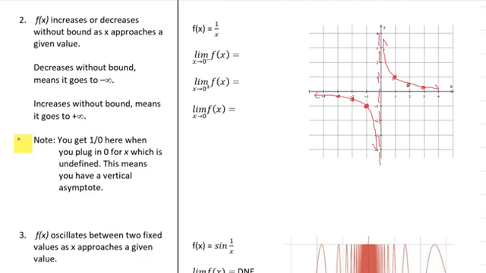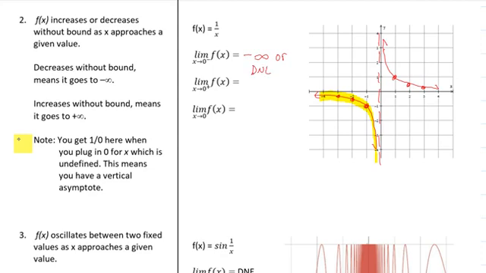Okay, and that's what these limits are asking for. What is the limit as x approaches 0 from the negative side? So as I approach 0 from the negative side, I'm just going down, down, down towards -infinity. Now, -infinity is not a number, so we could also say does not exist.